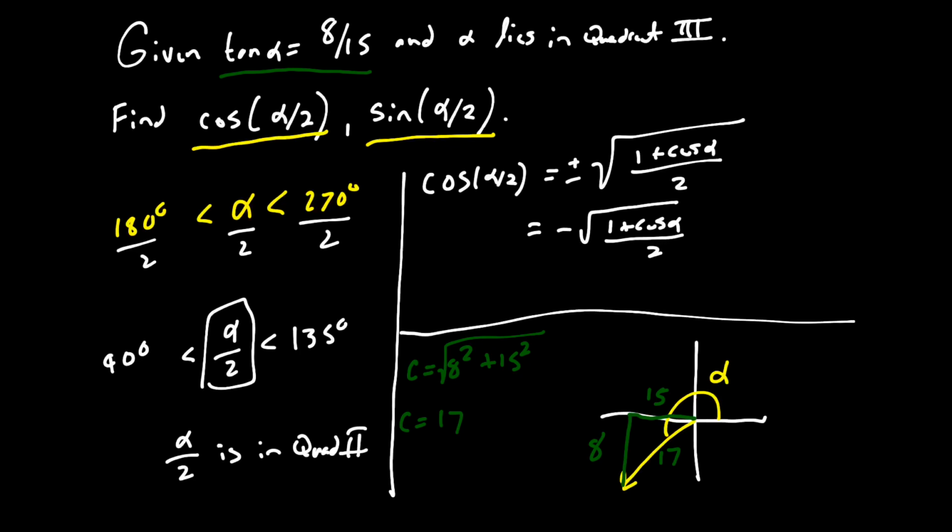Now we can go ahead and evaluate cosine of alpha. This is going to be equal to the square root of 1 plus 15 divided by 17, divided by 2. And simplifying this, we get that this is going to be equal to a negative square root of 1 divided by 17. Now let's go ahead and evaluate sine of alpha divided by 2.